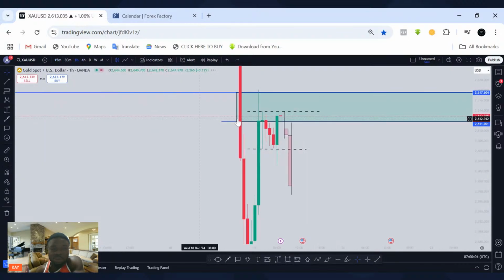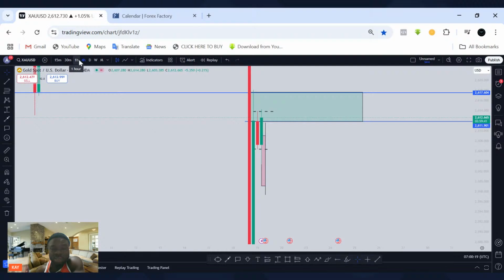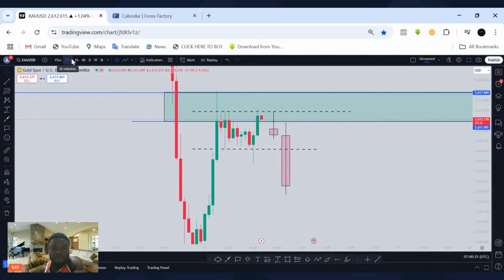You see what happened? It closed above. So the chances that price will continue up to this level are very high, since the level has broken. So at what point can we enter?